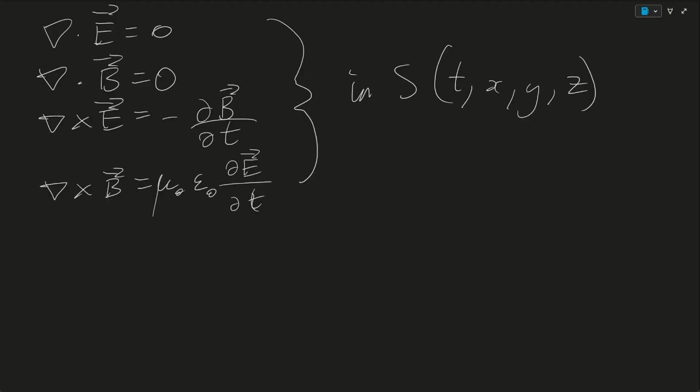Now, the famous Michelson-Morley experiment in 1887 found that there was no ether. It found that the speed of light did not change between different frames of reference. Einstein took this very seriously in 1905, and he said that these equations are correct in every inertial frame, and then he came up with special relativity.